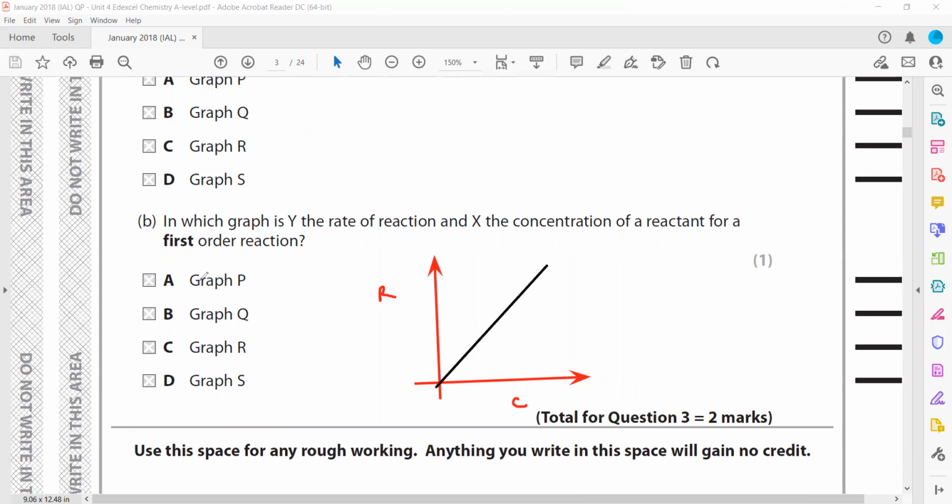So again, graph Q will be the right answer. This is for first order. If it was second order, then it would look like this. If it was zero order, zero order is not affected by change in concentration, so the rate will remain constant.